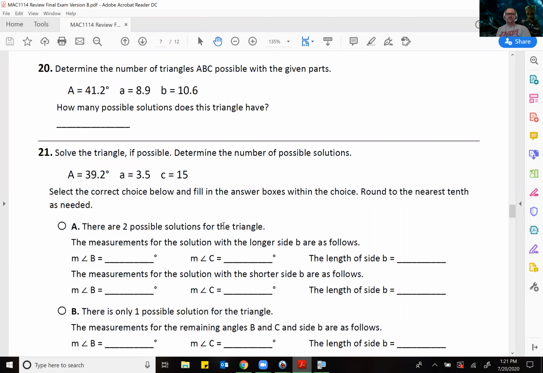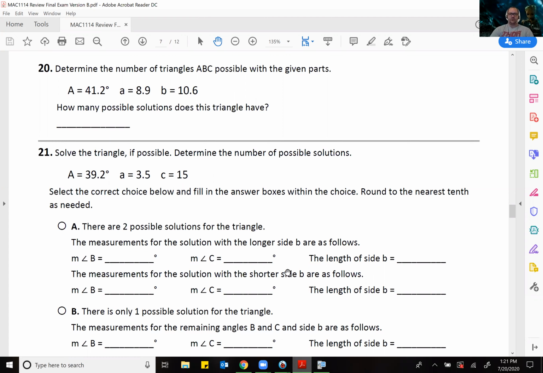Now we step into the current stuff, chapter 11. Yay! All right, chapter 11. So we've got this triangle ABC. Okay, and we know big A, which is 41.2 degrees. Little a, which is 8.9. And little b, which is 10.6.